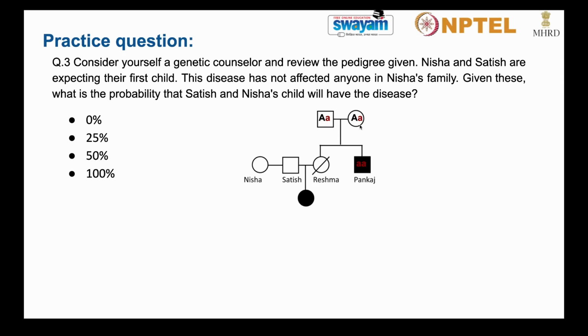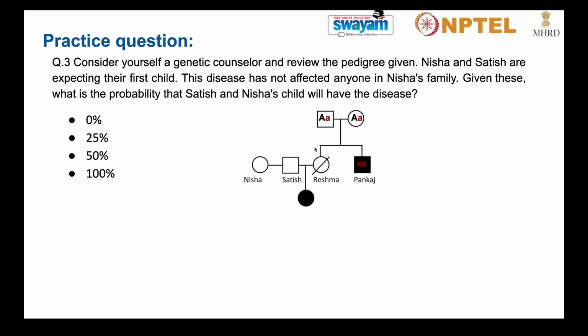So if we look, this Pankaj is affected. For Pankaj to be affected, we must know what would be the genotype of them. Here you can see that Reshma is unaffected, whereas Pankaj is affected, and both of their parents were unaffected.